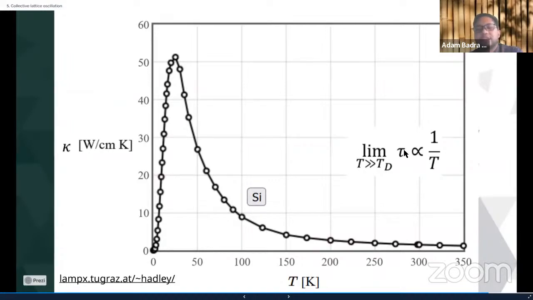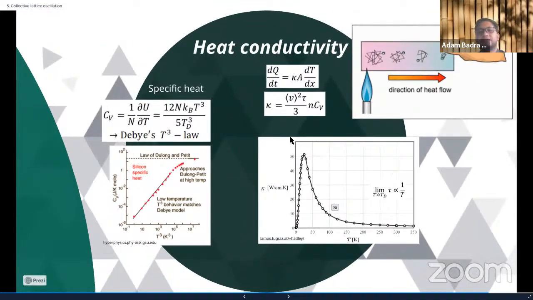At high temperature, the electrons or the phonons tend to have less collision time, because they are all moving extremely fast. So the probability of scattering becomes greater, and the collision time becomes smaller.